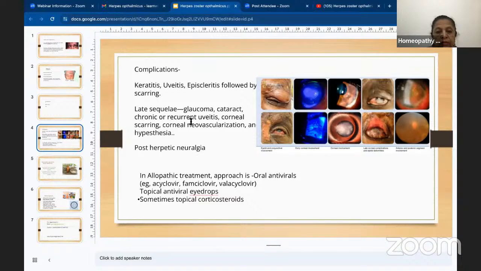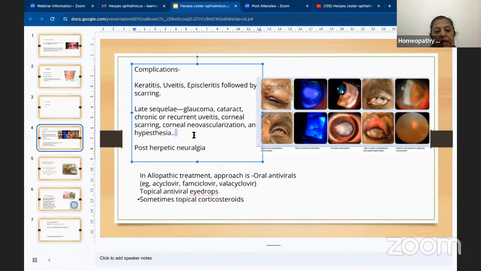And even in corneal infection, it may lead to corneal opacity, where new vessels are formed in the cornea. So these are the types of complications you may get, and the vision is reduced. Post-herpetic neuralgia is very common. There's a severe burning pain on one side of the face wherever there was a rash.